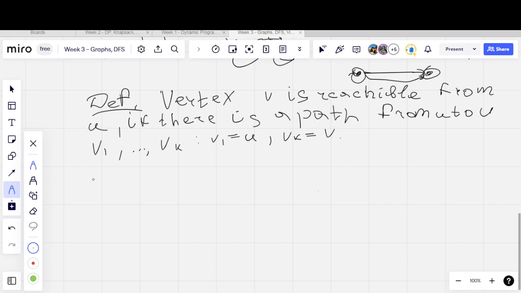So, next definition. What is the connectivity relation?